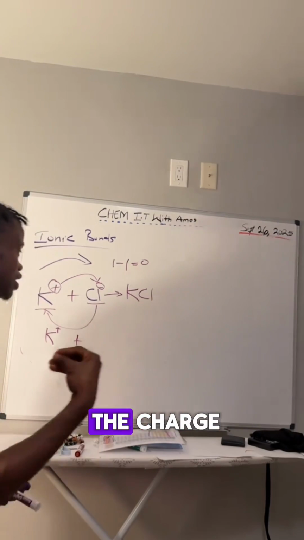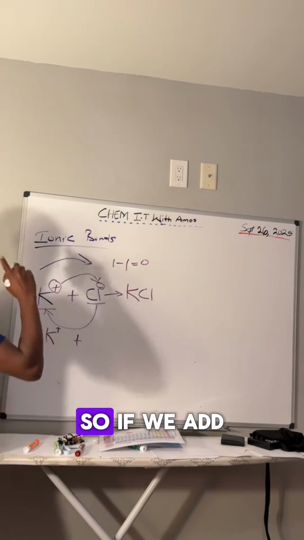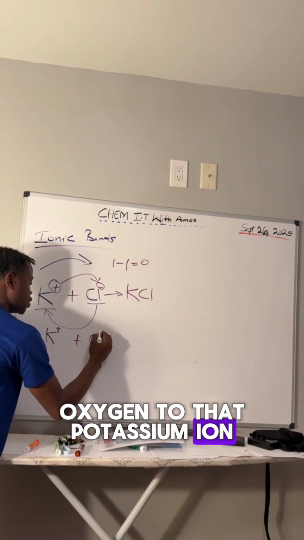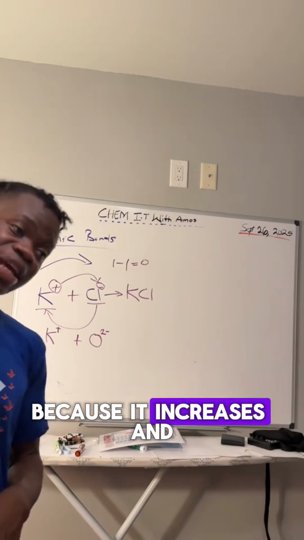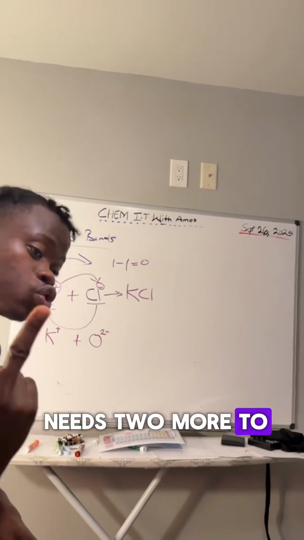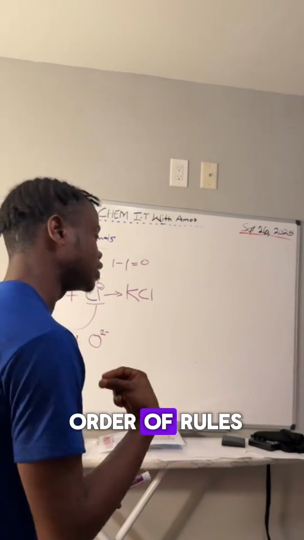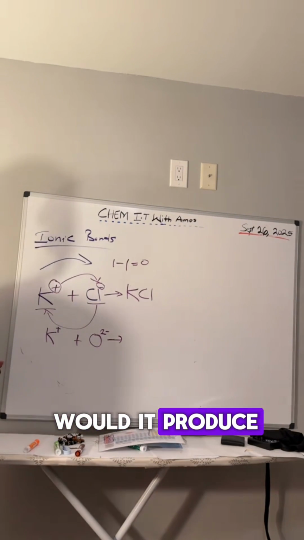What you need is the charge you're going to get right there, being positive or negative. So if we add oxygen to potassium ion, the charge of oxygen becomes -2 because it's in group 6 and needs 2 more to make it 8 to satisfy the octet rule. So what will it produce?